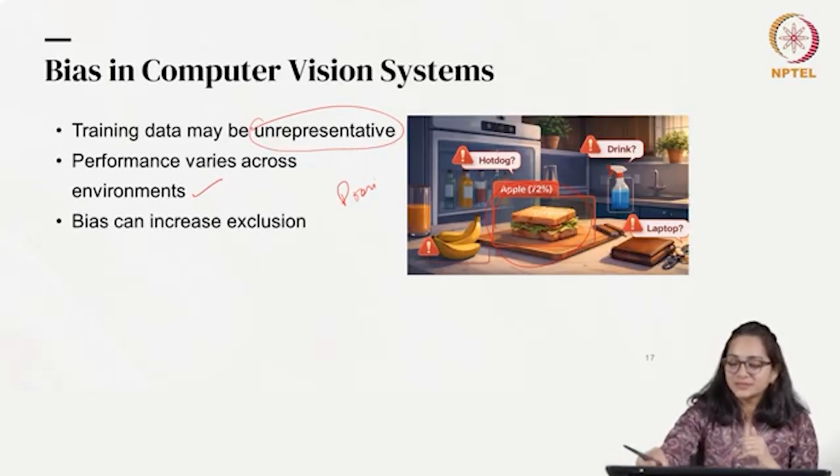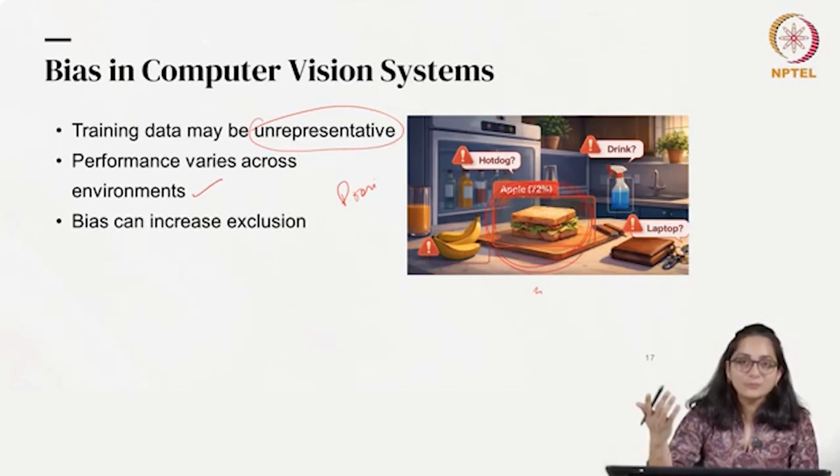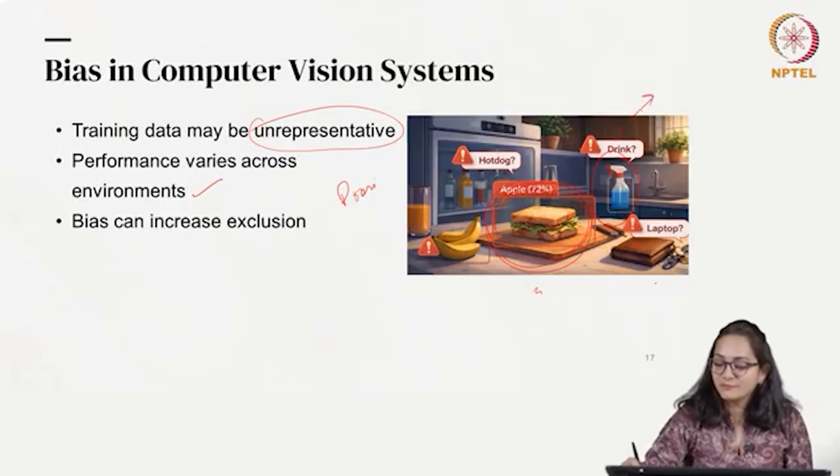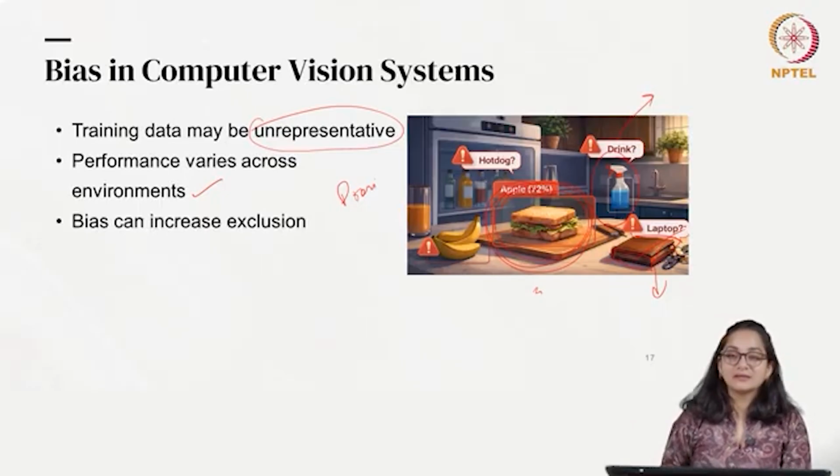So, for example, in this image, it is identifying your central character, central food as apple, because most of the food items are apple. This is, say, a disinfectant or something, which it is identifying as drink. This is a wallet, but because it is folded and looks like that, it is identifying it as laptop maybe. So all of these are issues.